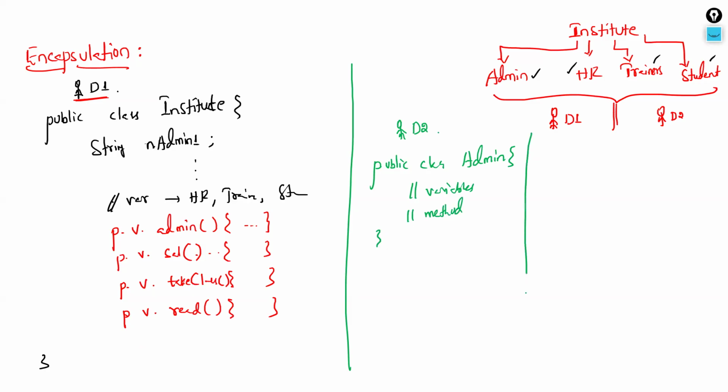Then one more class, public class HR, and inside this only HR related variables and HR related methods. Only like that. Then a third class and fourth class also.